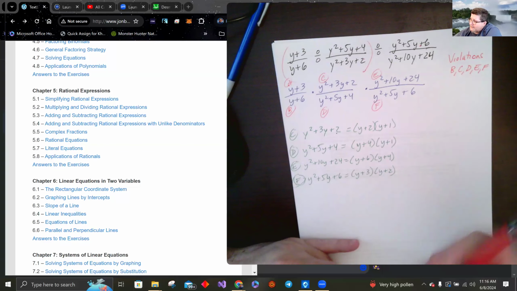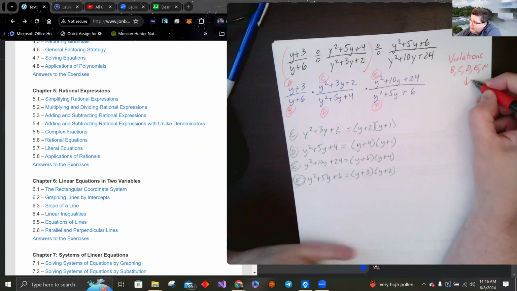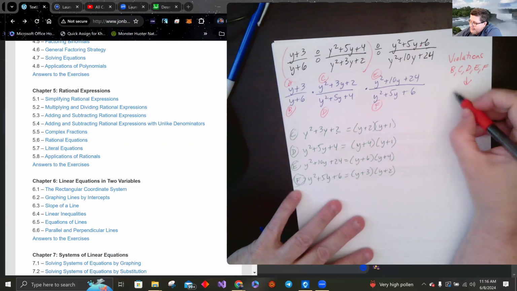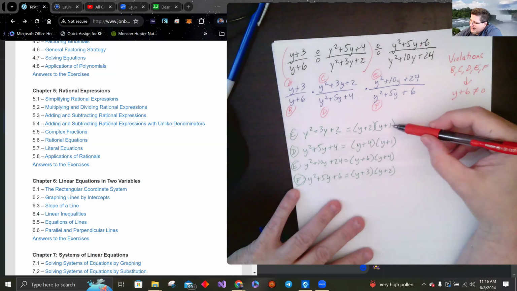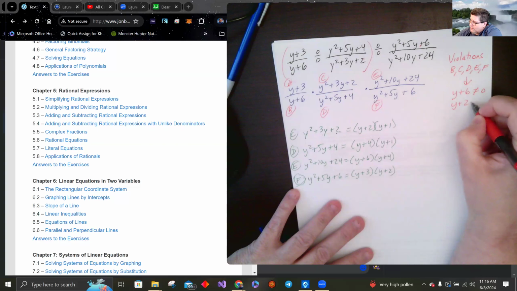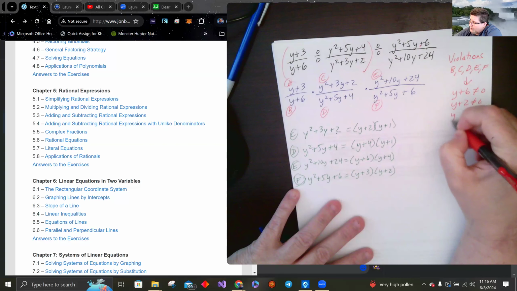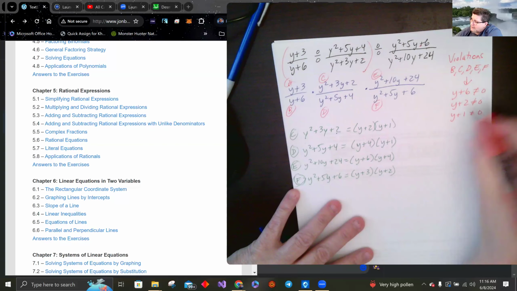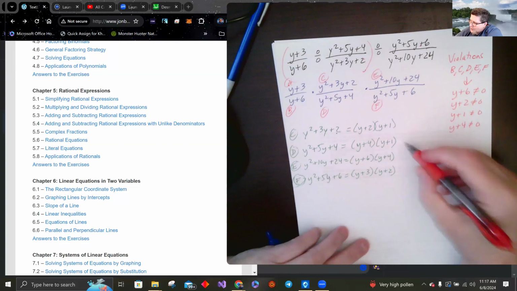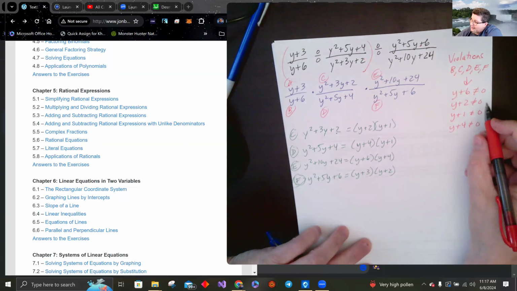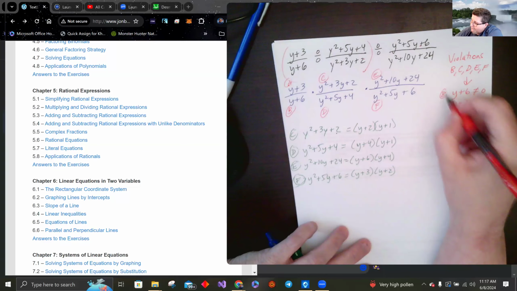So let's make a list of things that make a violation here. I'll do it on the left real quick. B says y plus 6 cannot equal 0. C adds y plus 2, y plus 1. D has y plus 4, and it already has y plus 1, so I'm not going to list it again. Maybe I'll just list over here where they came from.